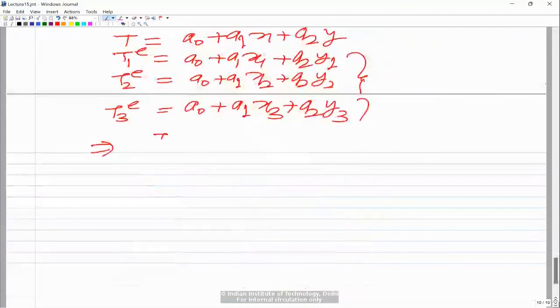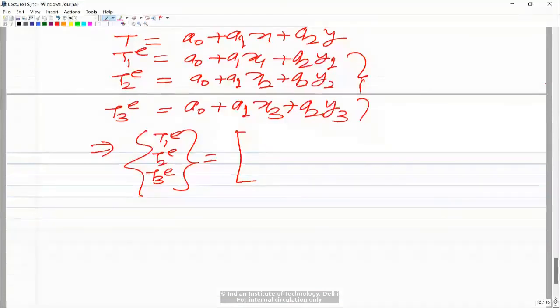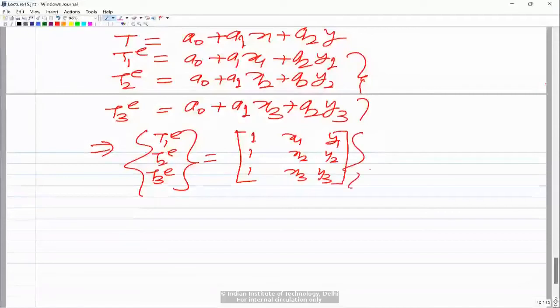I can write t1e, t2e, and t3e all three put together as a vector, and on this side all three are in terms of one set of unknown constants a0, a1, and a2, which we take as a vector. Then here we have 1, x1, y1; 1, x2, y2; 1, x3, y3, into a0, a1, and a2. So all those three equations can be written in this form. And this is what we call the vector of elemental degrees of freedom.